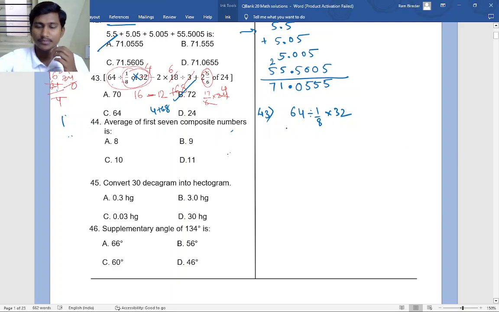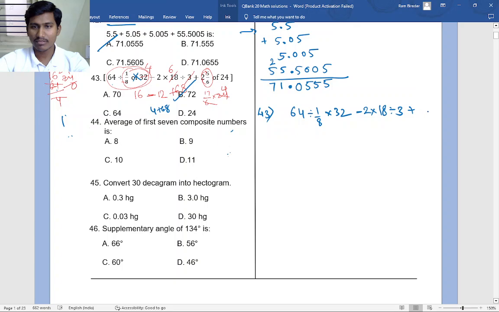So here 43: 64 divided by 1 by 8 into 32 minus how much? That is 2 into 18 divided by 3, right? 18 divided by 3 plus, that is 2 and 5 by 6.